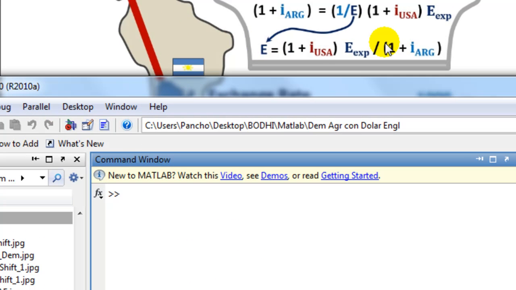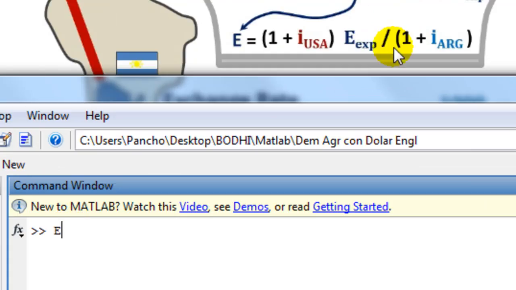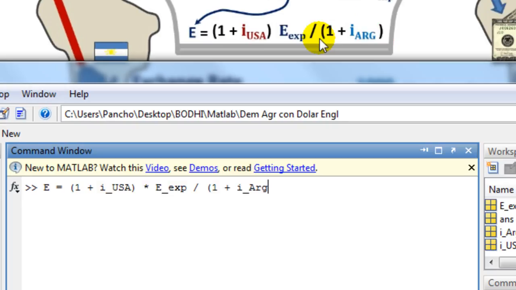So with these three values, we are going to calculate this expression. So we say that the exchange rate is 1 plus the interest rate in Argentina times the expected exchange rate divided by 1 plus, oh sorry, here is the interest rate in USA, and here is 1 plus the interest rate in Argentina.